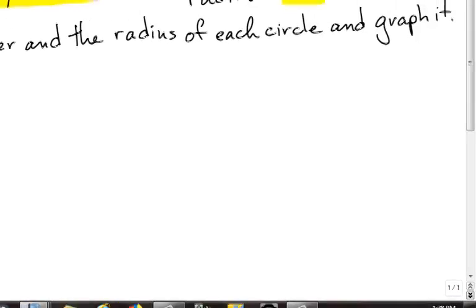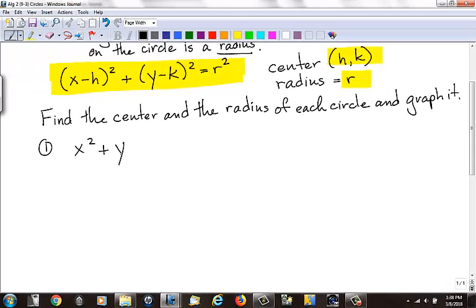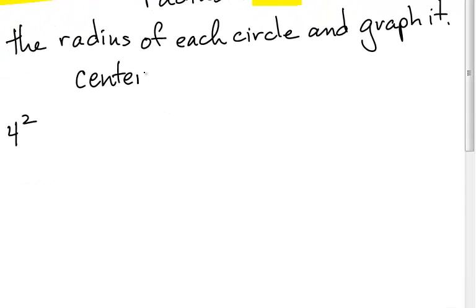So if they give you x squared plus y squared equals 16, okay, it's actually already in the right form if you write it. This is the same as x minus 0 squared plus y minus 0 squared equals 4 squared. So your center is at (0, 0), and the radius is 4.